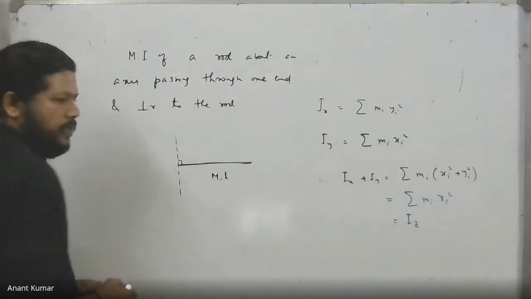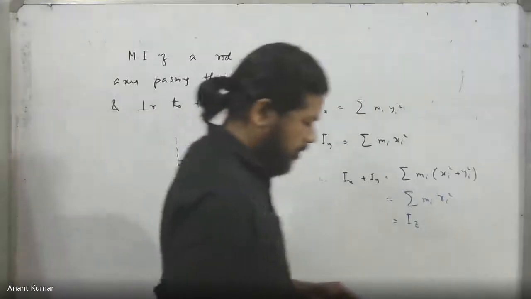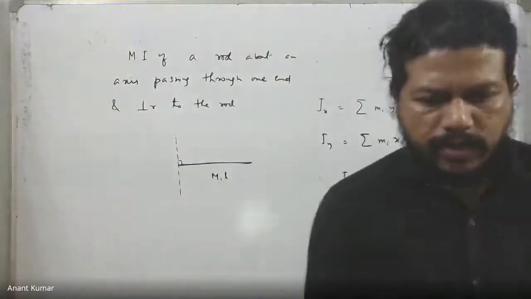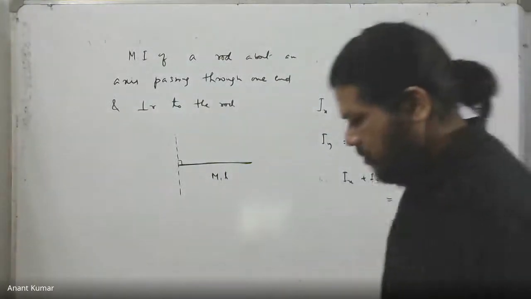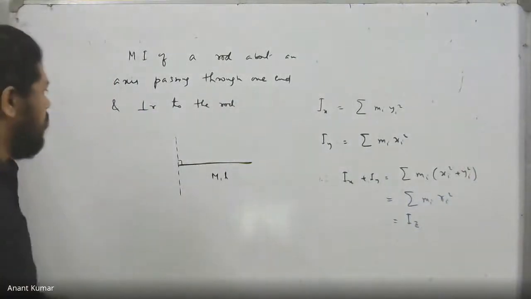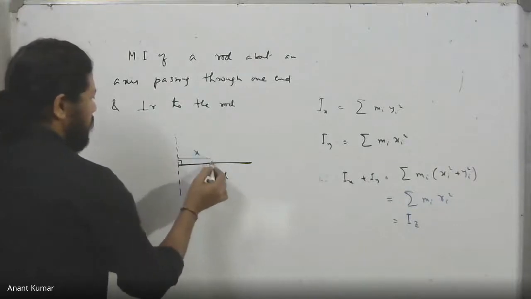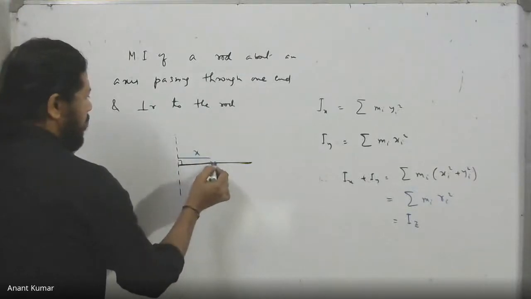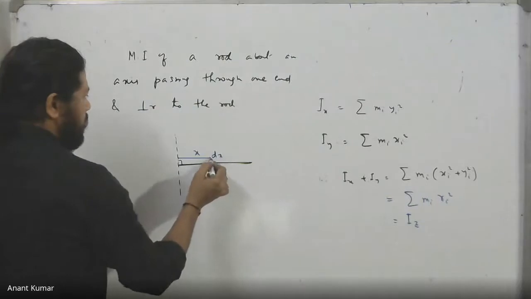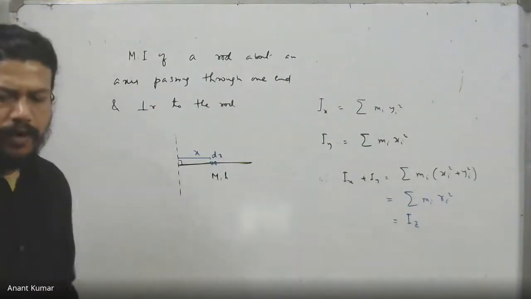In this case, for the calculation, we'll have to think of this as a collection of point masses. What I can do is start by taking a certain element on the rod, which is at a distance x from the axis and having a length equal to dx. dx implies a length which is differential, very, very small.